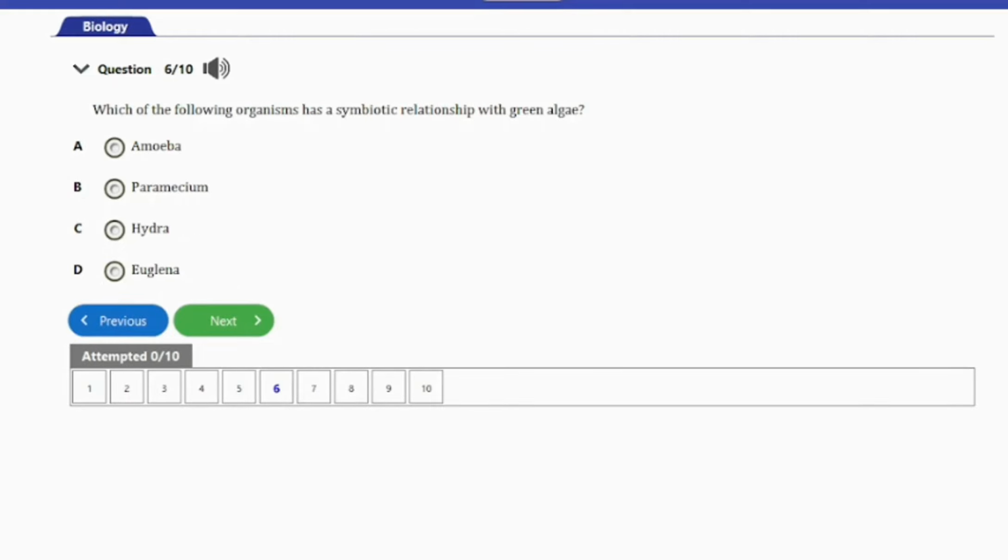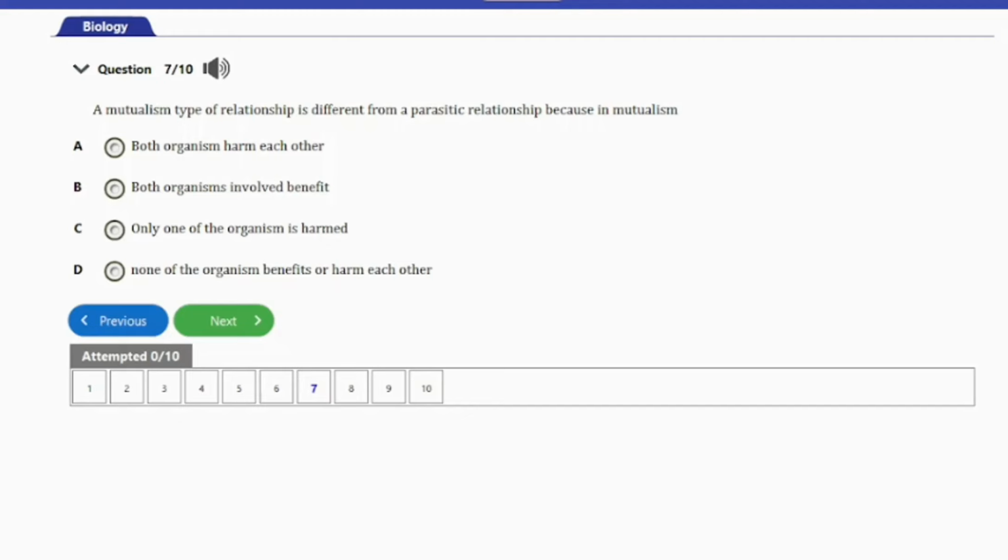It says, which of the following organisms has a symbiotic relationship with green algae? We have A, amoeba, B, paramecium, C, hydra, D, euglena. So guys, the answer to this question is option C here, and that's the hydra. So let's go ahead and consider the next question, guys. Question number 7 here.